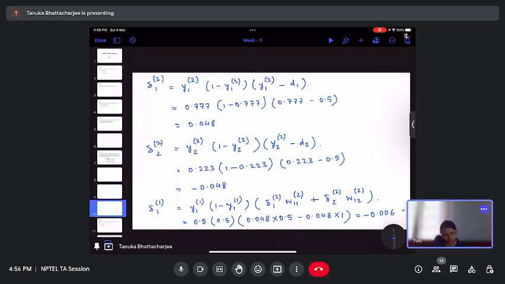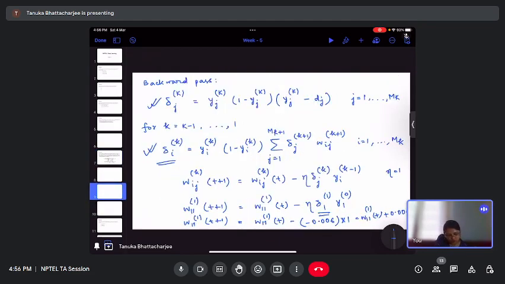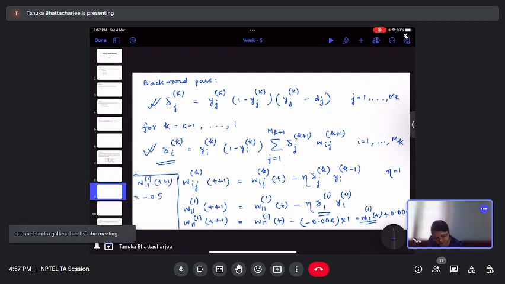So if you do this update, this was minus 0.5. So I'll write it here. So your new weight W111 at t plus 1 will be minus 0.5 plus 0.006.